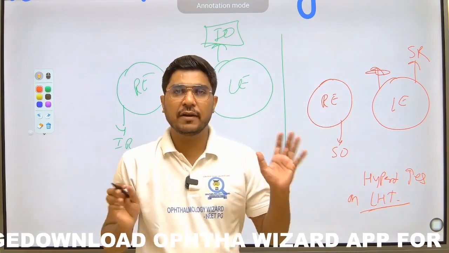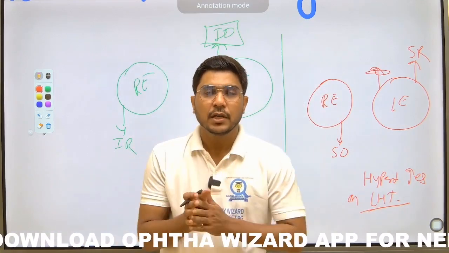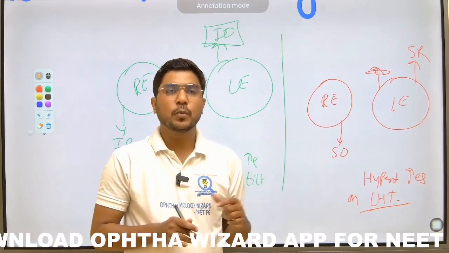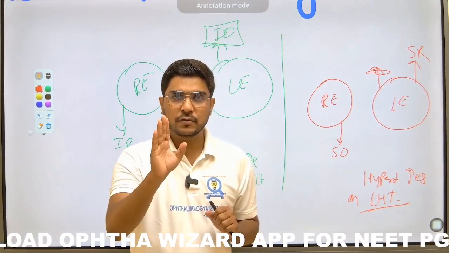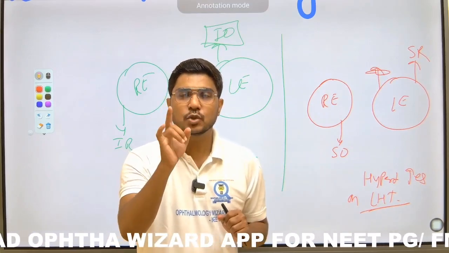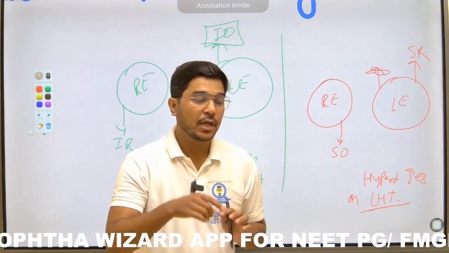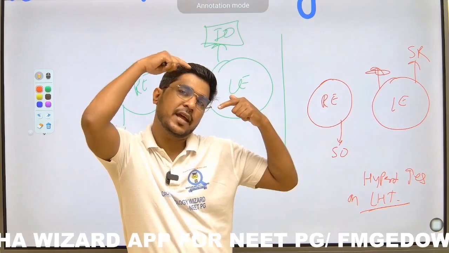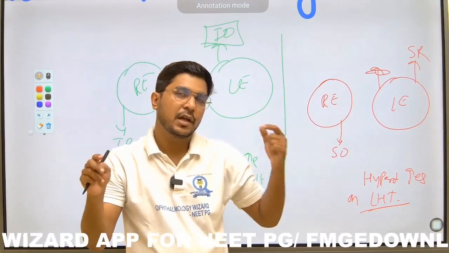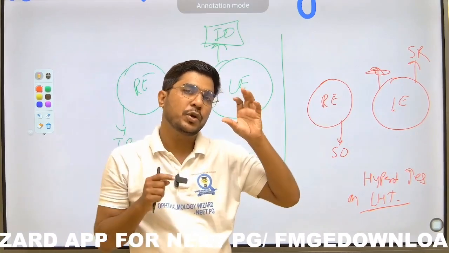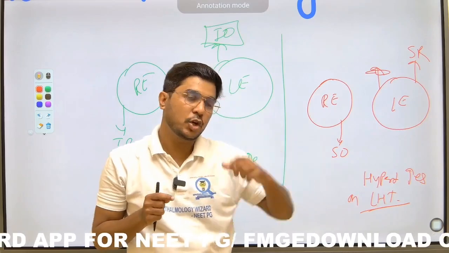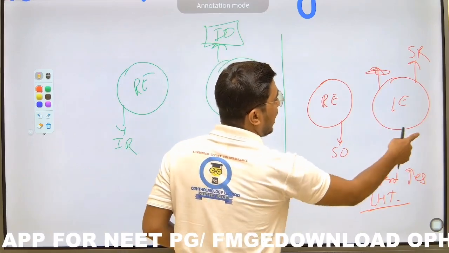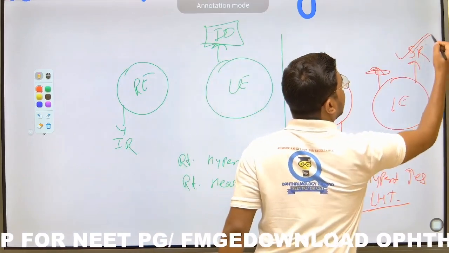Since we are left with superior, which are intorters, we have to find out which eye should intort on head tilt. In left head tilt, left intort and right extort. So which eye is intorting? The left eye is intorting. So we have to answer the left eye superior. So this will be the answer.